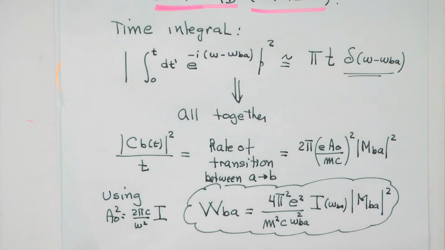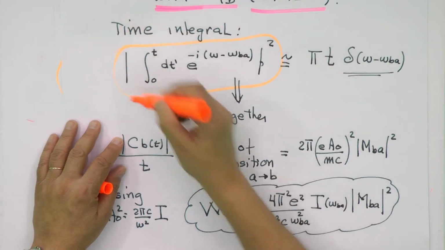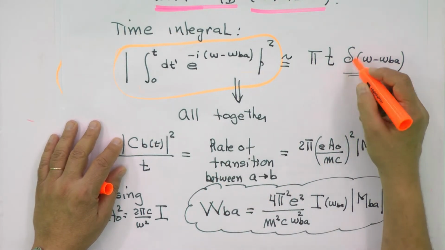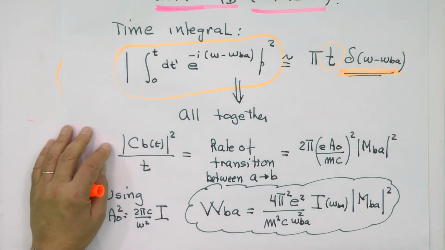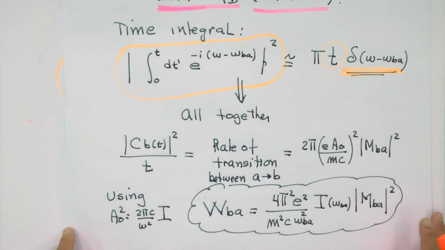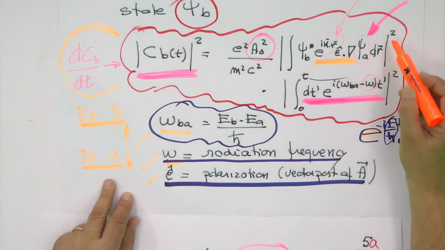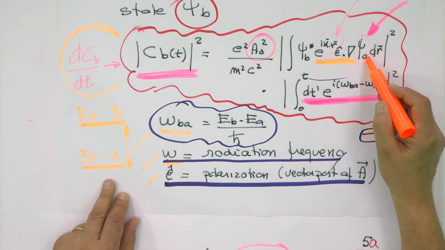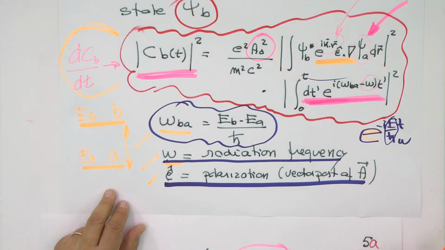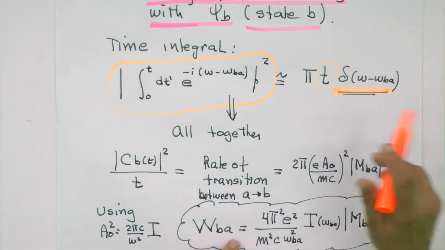Now, the time integral is a little simpler than the other one, because this integral is squared, which is the time variation, and basically gives us the delta function times the time, right? So if I go back to my original expression for C, substitute this by capital M_BA, the matrix element connecting A and B, and this by the delta function times the time, we end up with this.